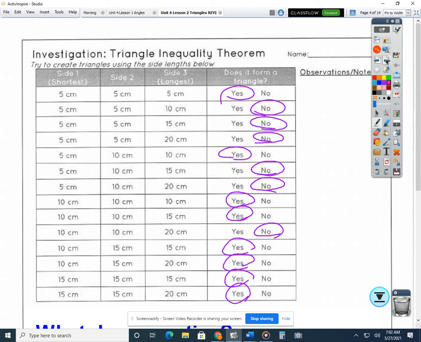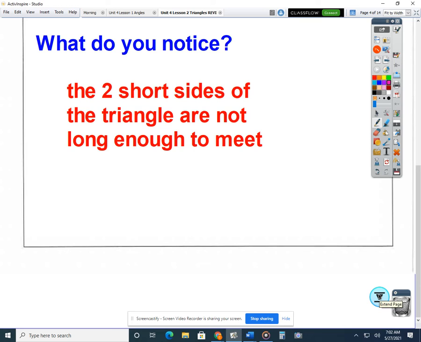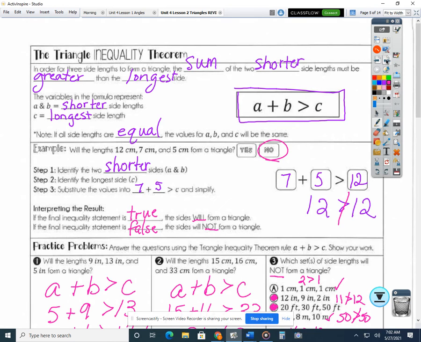In your investigation, we took our strips of paper of different lengths and determined whether or not those would create a triangle. And one of the things that we noticed is that sometimes the two short sides of the triangle were not long enough to meet. And so this helped us to understand our triangle inequality theorem.